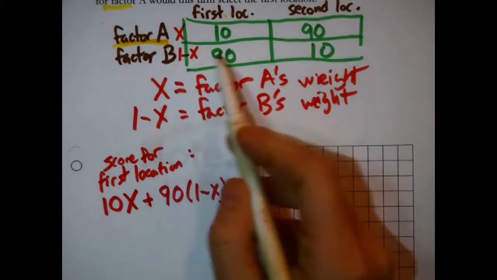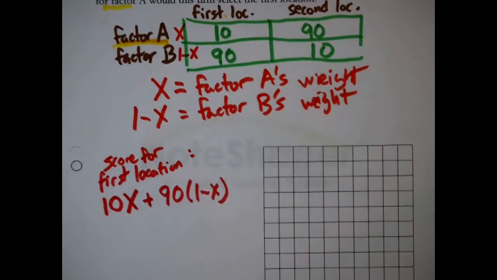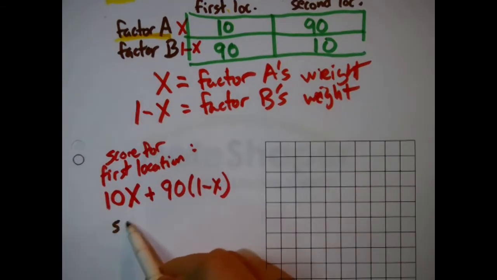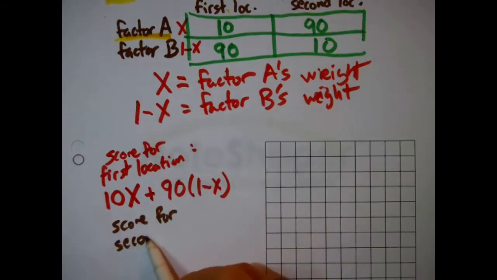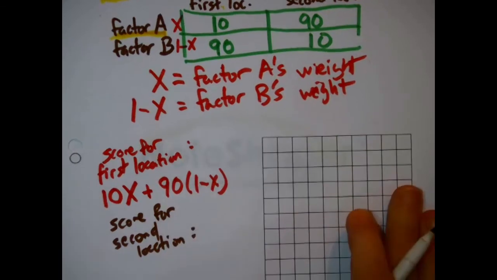That's how you would calculate that, versus, and why would you be doing that? Because you wanted to compare it to this, the score for the second location. How would you calculate that?